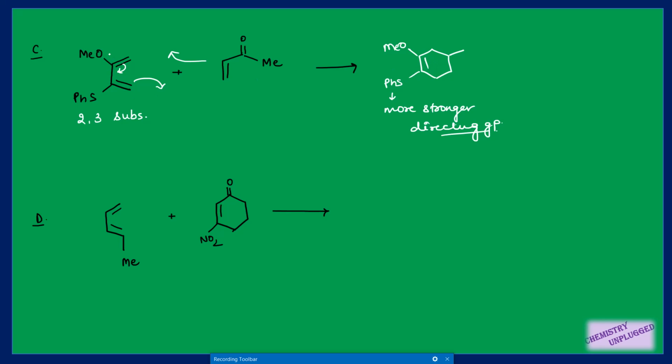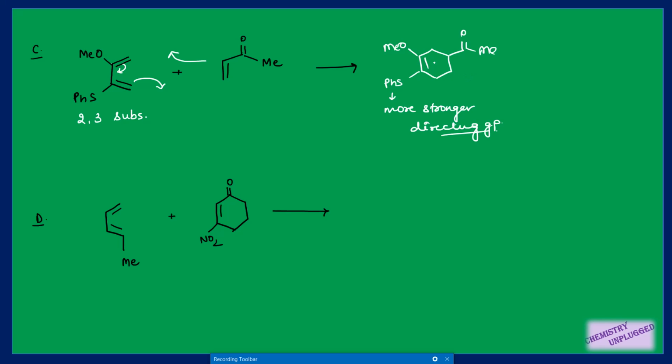Means when you suppose this methoxy group is deciding, then in that case you will get 1,3 product, right? 1,3 product. Or if you want to get 1,4 product, you have to rotate this bond, and when you rotate this group, this COMe group will go in 4th position, right? This ketonic group will go in 4th position.